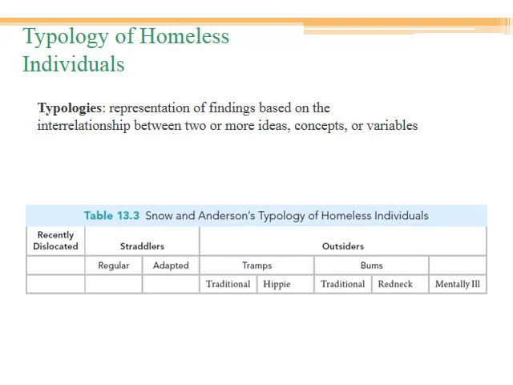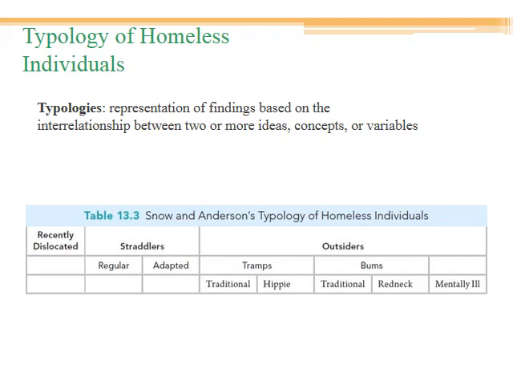This is an example of a typology, which represents findings based on the interrelationship between 2 or more ideas, concepts, or variables. So remember that typologies classify according to general type. In this display, the authors found that there were 3 types of homeless individuals: the recently dislocated, straddlers, and outsiders.